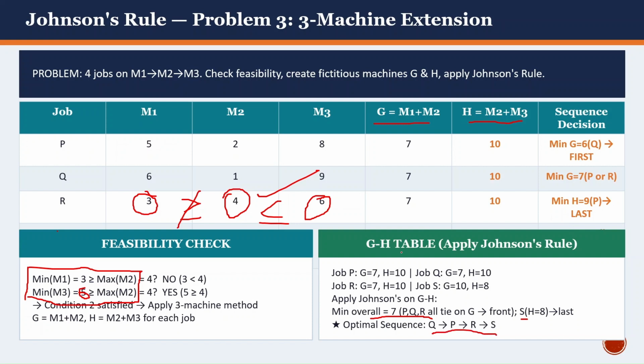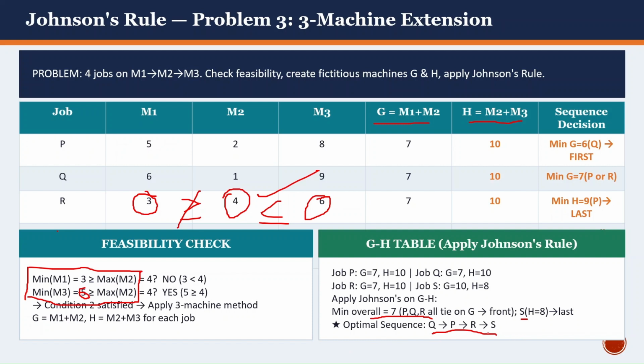Since there is a tie, we can go for PQRS or QPRS or RQPS. All these are similar because the timings required on G and H are the same. So for this kind of problem, all the sequences are possible and optimal.